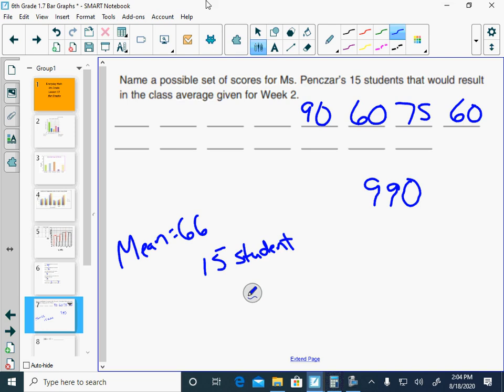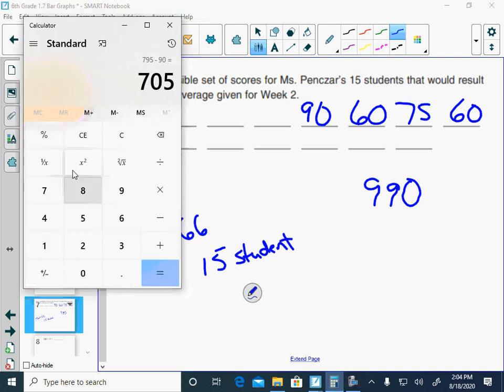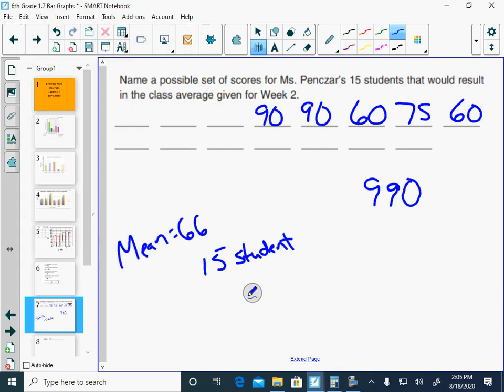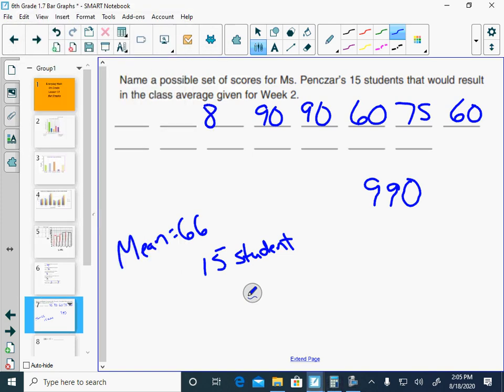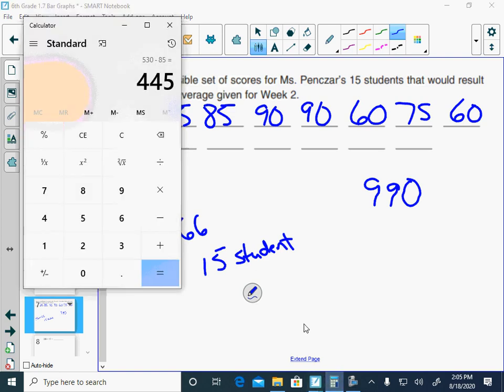We're going to subtract another 90. Let's subtract a couple 85s. We still have some scores to go, so we'll keep on subtracting. Let's subtract a couple 72s.